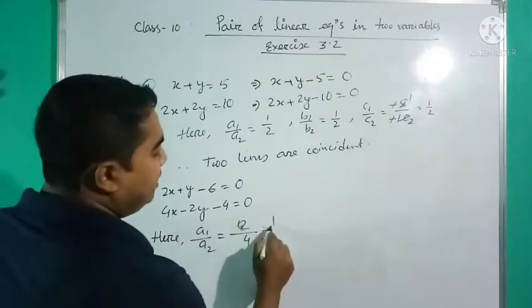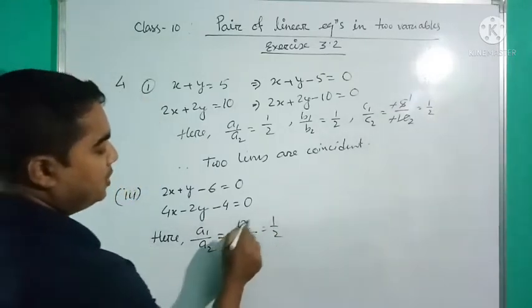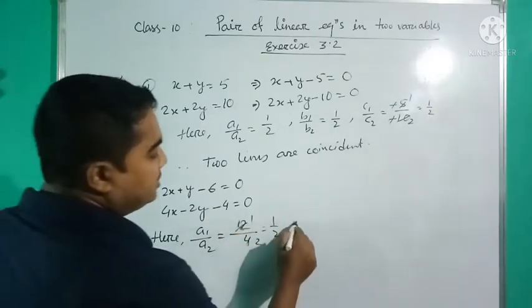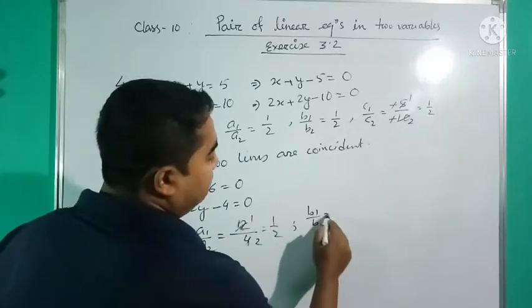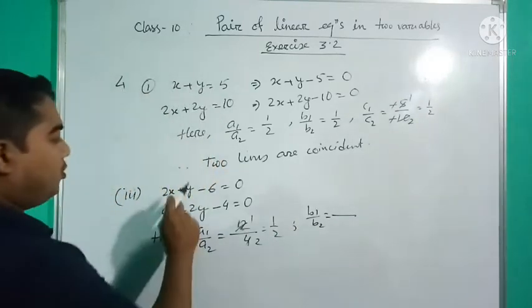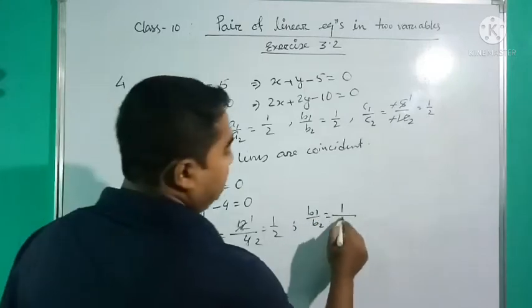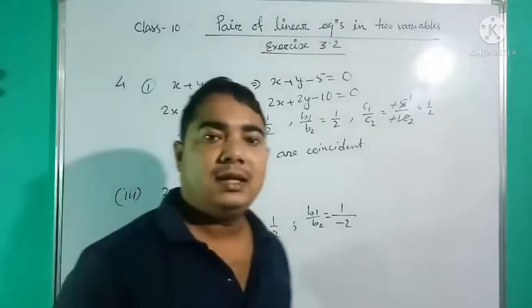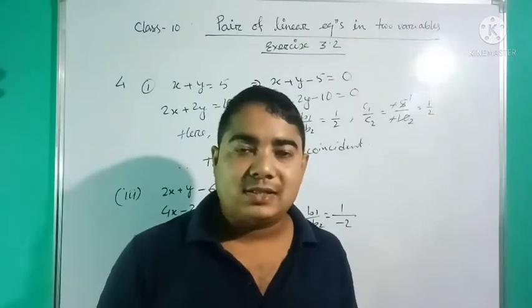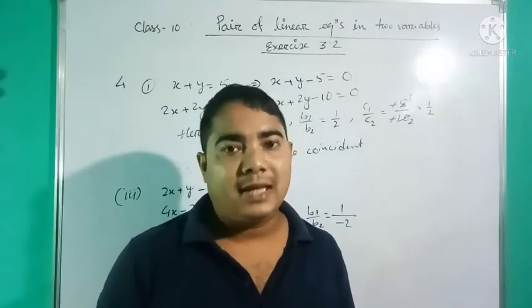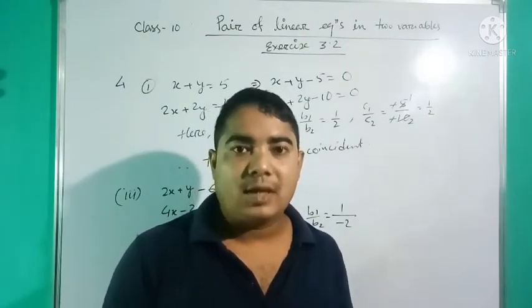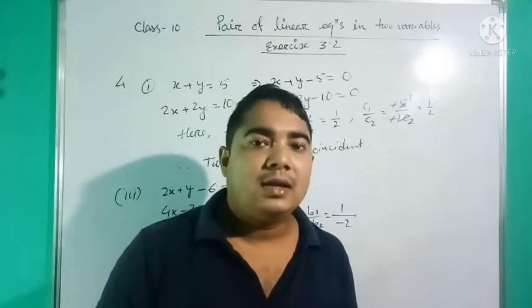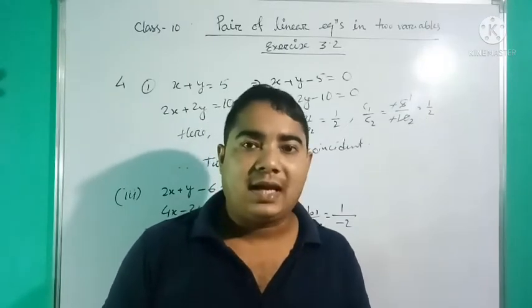Then the answer is again half because 2 1s are 2, 2 2s are 4. Next the b1 by b2 value, 1 by minus 2. Are they equal? This one is positive and this one is negative. If a1 by a2 is not equal to b1 by b2, then what? Then consistent, that means intersect at one point.